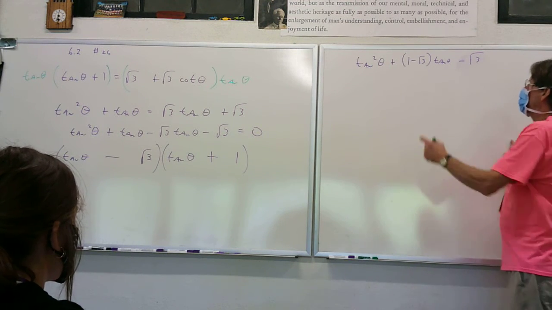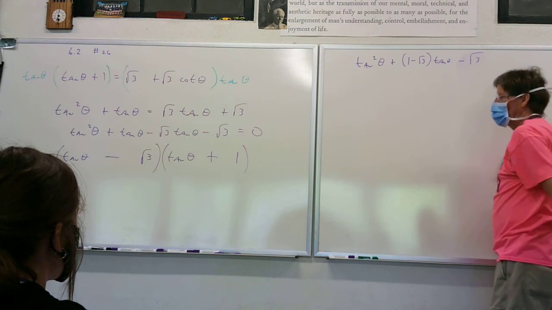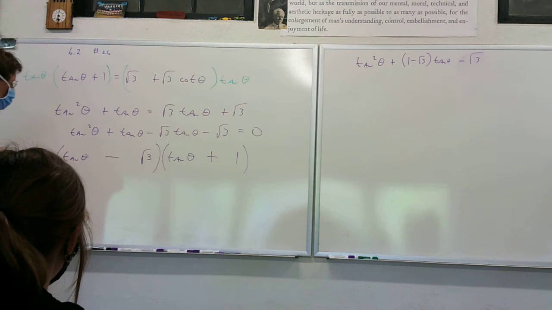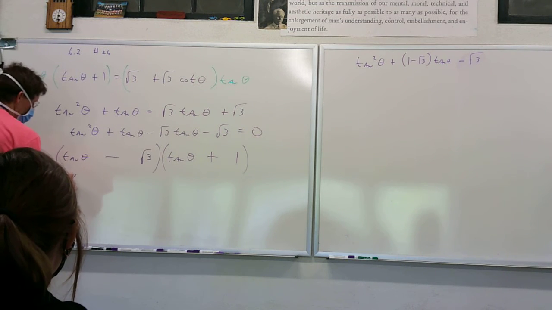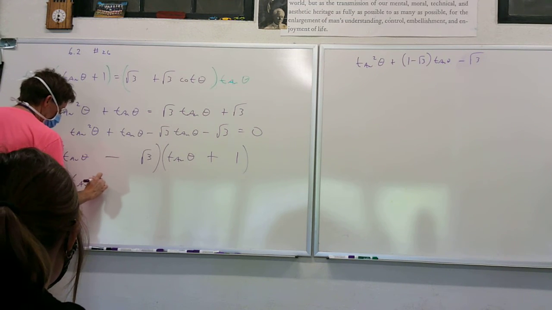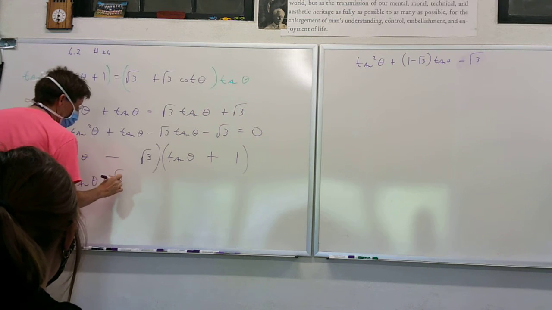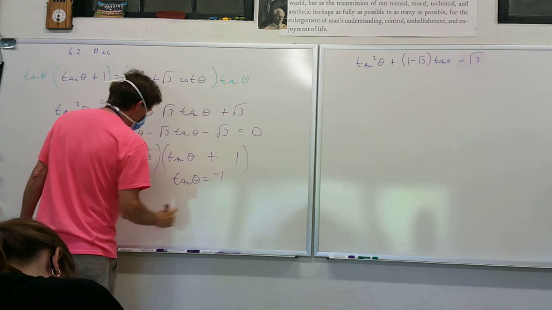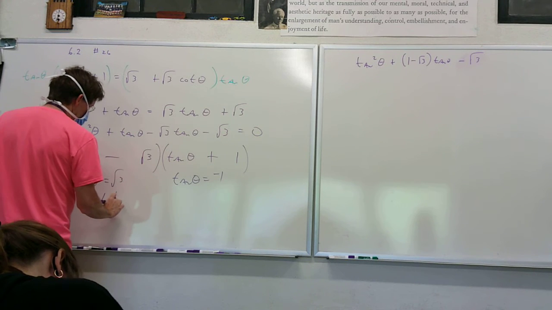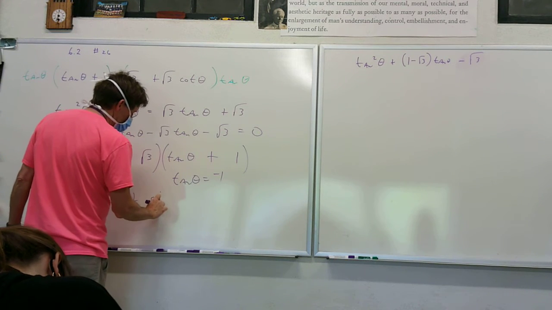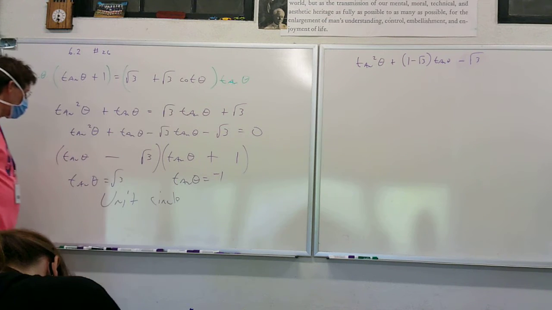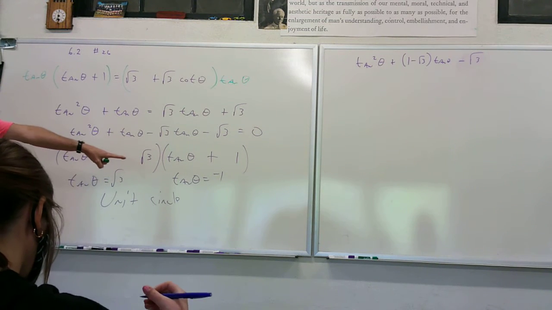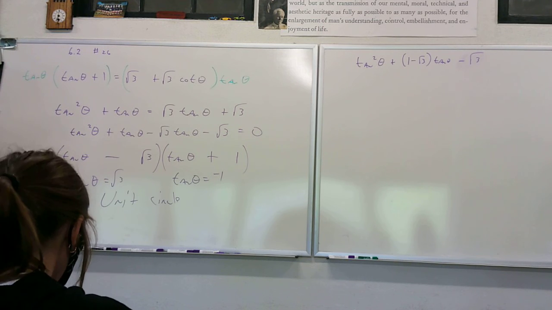See, and then you see it factors, and you just got to be able to get that middle term. I think it's easier to see it if I leave them as 2 separate ones. So I get tangent theta equals square root of 3. And I get tangent theta equals negative 1. And then I do what? Unit circle. And when you get on your unit circle, you'll find out there's 2 places where that happens, and you're done.